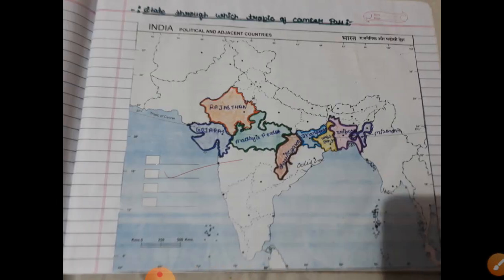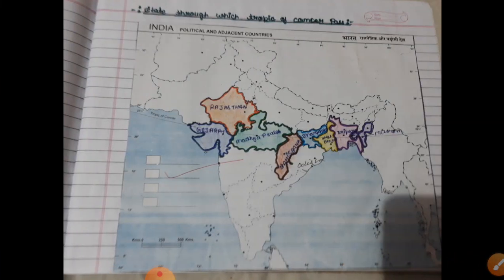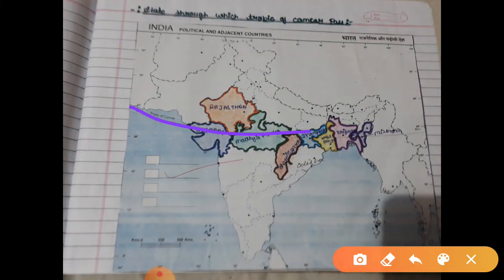See, now it's an important term. As I have told you about 23 and a half degree, the Tropic of Cancer. It passes through India. Okay, this line divides India into two equal parts.